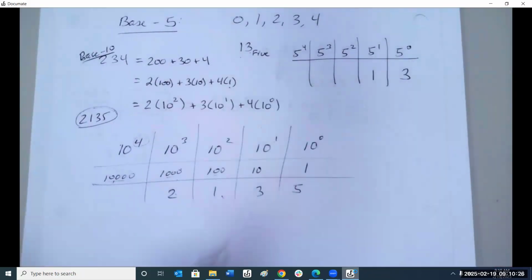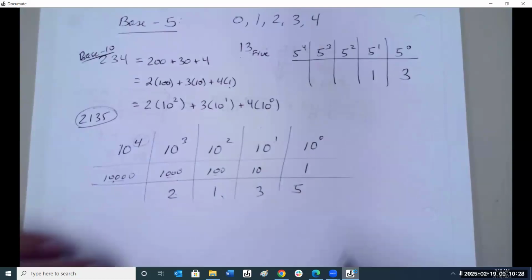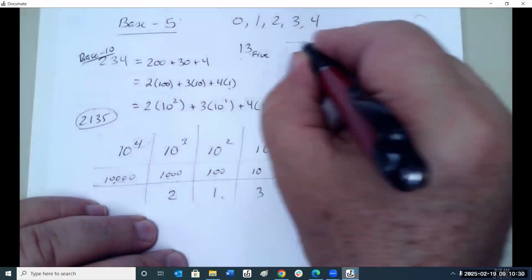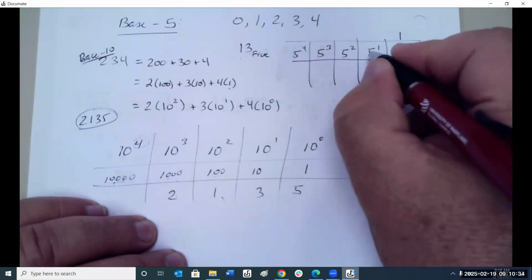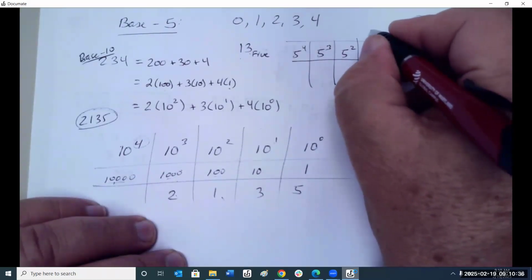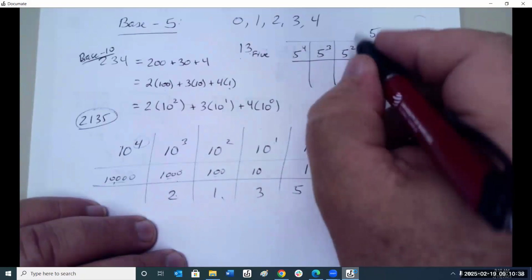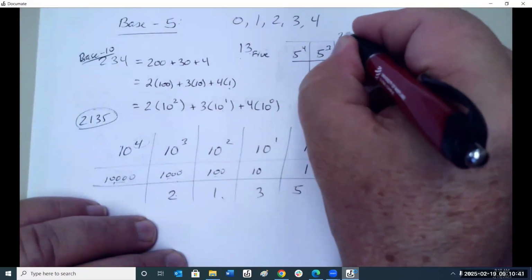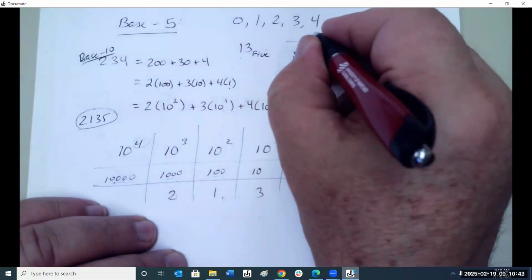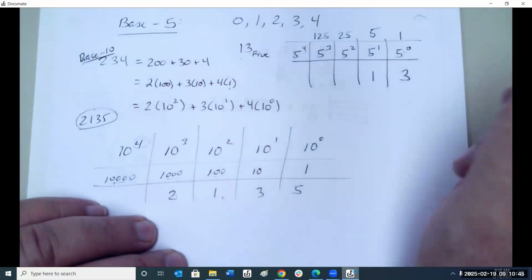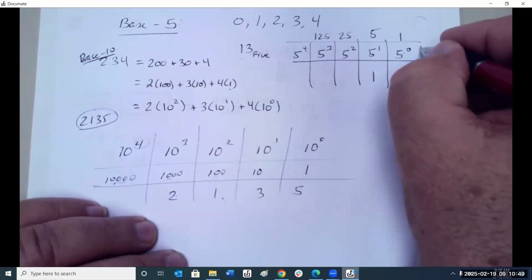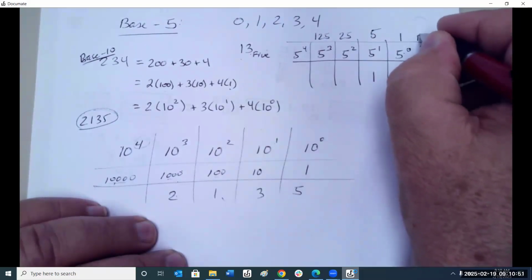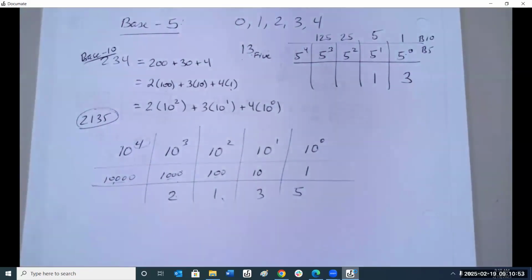So the true value in base 10, the conversion of it: what is 5 to the 0 power? What is 5 to the first power? 5 to the second, 5 to the third, and so on and so forth. This is base 5. This is base 10, our conversion.